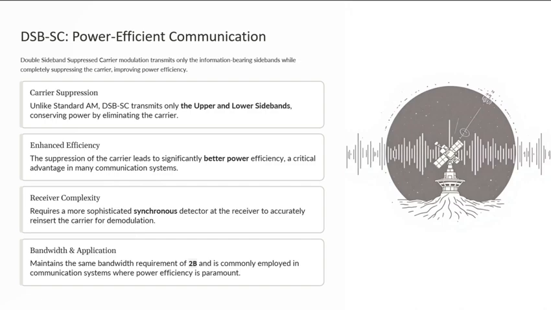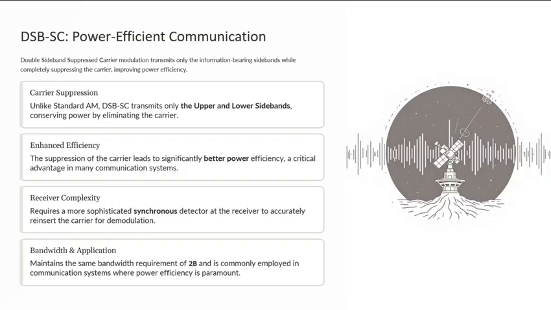Next is DSBSC, which is double sideband suppressed carrier. In this method, the upper sideband is transmitted, the lower sideband is transmitted, and the carrier is completely suppressed. Since the carrier is removed, power efficiency becomes better than standard AM.